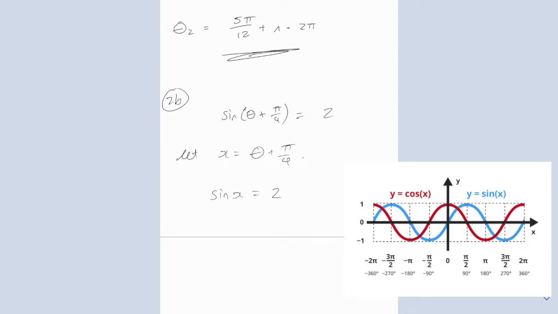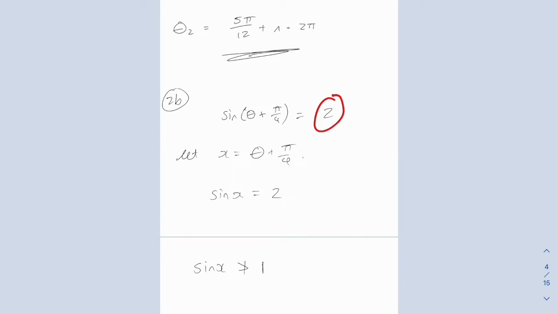Here are the properties of sine. Sine x has to be smaller; we can't go above 1. We just can't. And what do you know? 2 is bigger than 1. So this is complete nonsense.